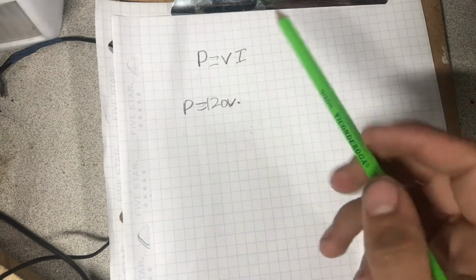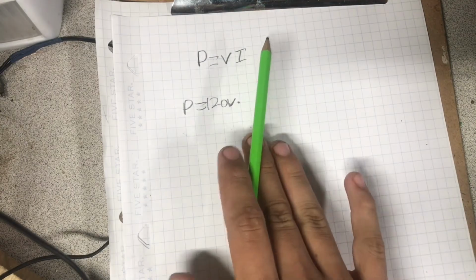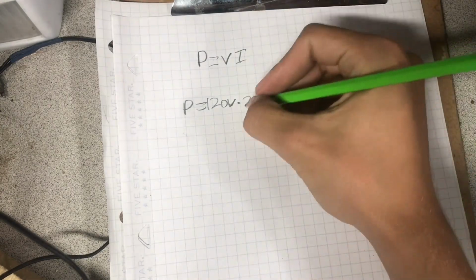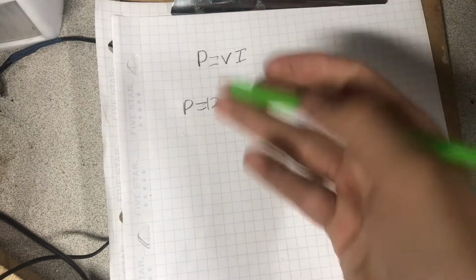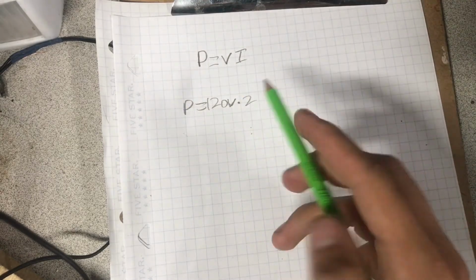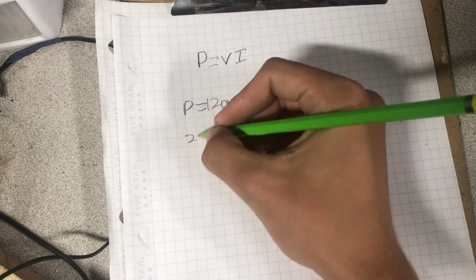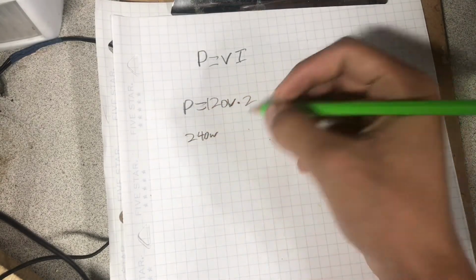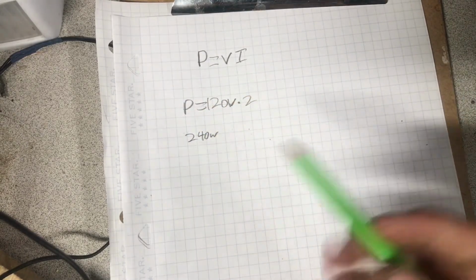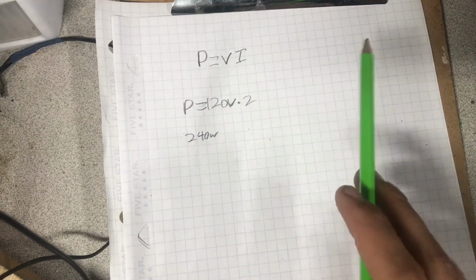So let's say we have 120 volts at 2 amps, and then we have our P value. This is going to give us 240 watts. Very, very simple to find that out.